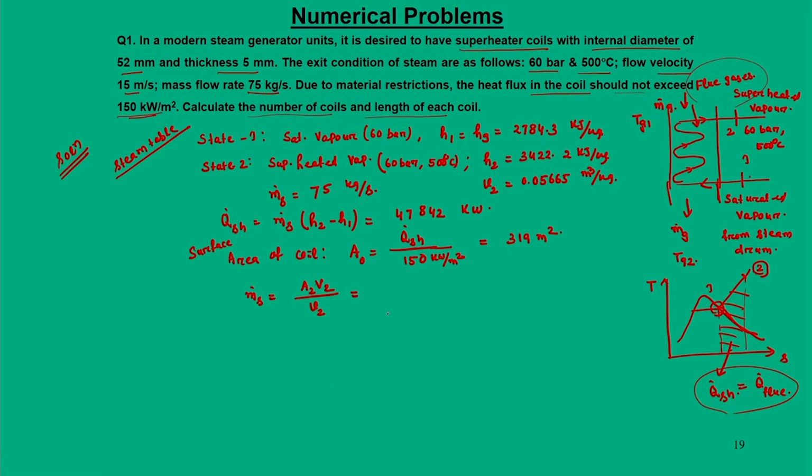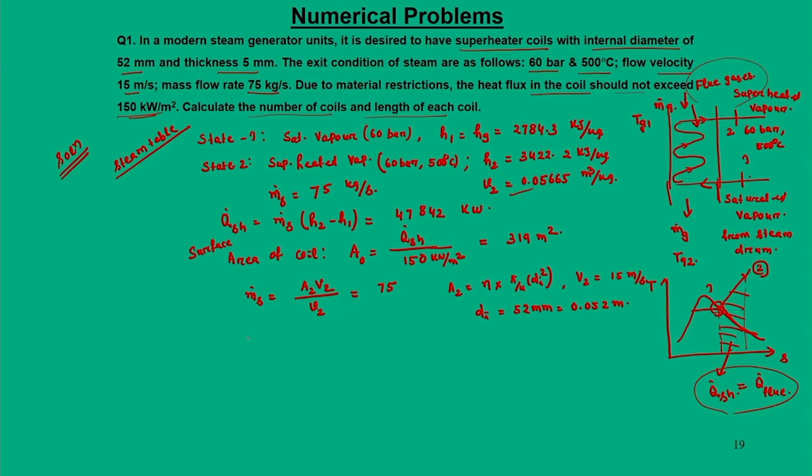The mass flow rate value is given as 75, and A2 is nothing but the number of tubes N into pi by 4 di square, and V2 is equal to 15 meter per second, and di is given as 52 mm, that is 0.052 meter, and we also know small v2, the specific volume.